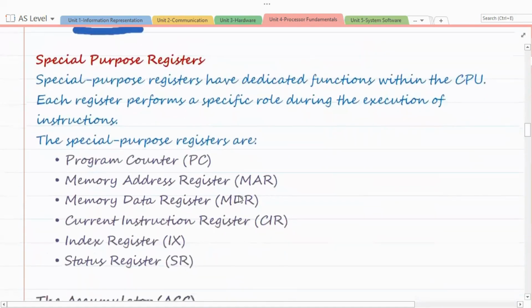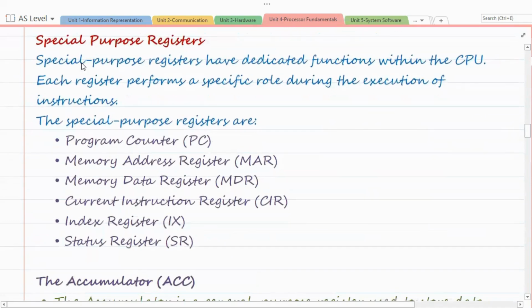Okay. Next is the special purpose register. Special purpose registers have dedicated functions within the CPU. Each register performs a specific role during the execution of the instructions. And we will cover one by one: program counter, memory address register, memory data register, current instruction register, index register, and status register. Okay, let's start.